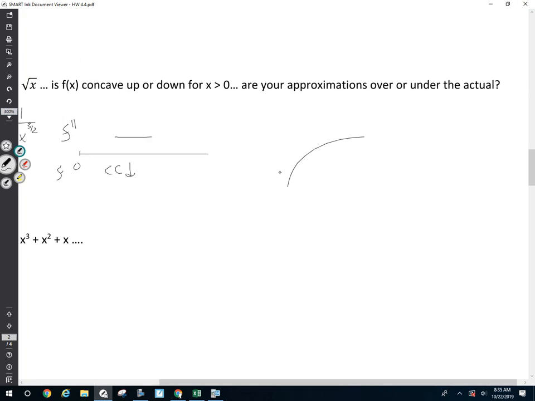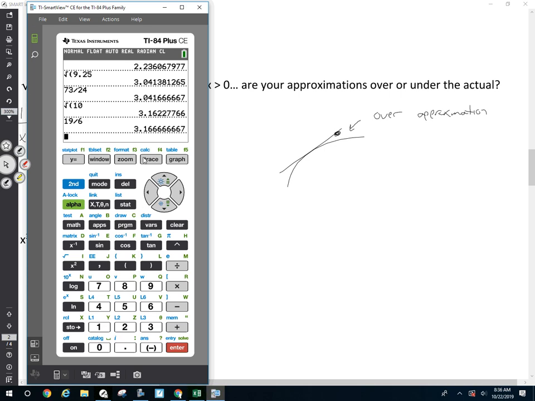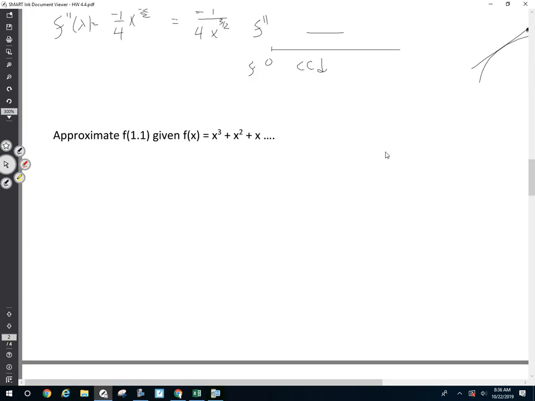Since my function is concave down, I know my approximations are over the actual. And that is confirmed when I use my calculator. You're not going to be using your calculator to do this, but you see your approximations 1.66, 1.62, 3.0416, 3.0413. So all my approximations are over the actual.